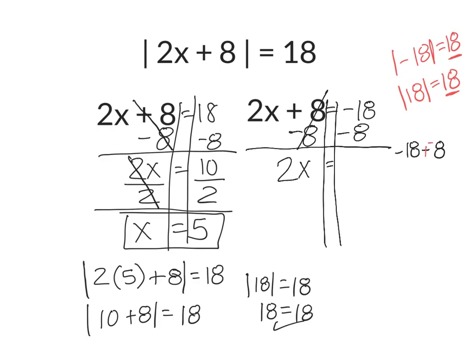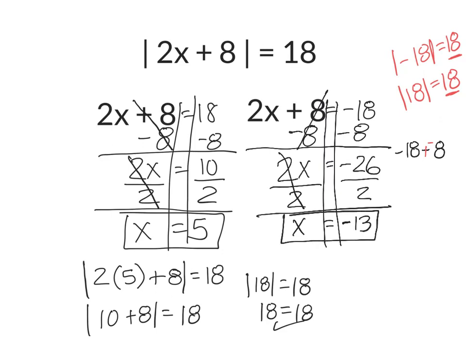Negative 18 plus negative 8 would be negative 26. Then I cancel out the 2 by dividing by 2. I'm left with x equals negative 26 divided by 2, which is negative 13. So x could also equal negative 13.